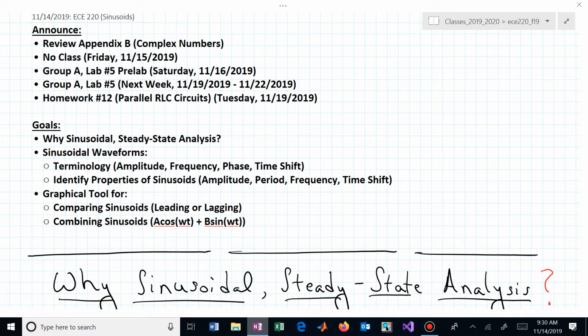Group A, your lab number 5, which is the last lab of the semester, is next week, and you will be submitting that lab report the following Wednesday, and that will finish up your lab material. But remember, you have to turn in every lab, even if it's late. If you do not, you lose all of the percent allocated to the lab portion of your grade, and I don't think you want to do that.